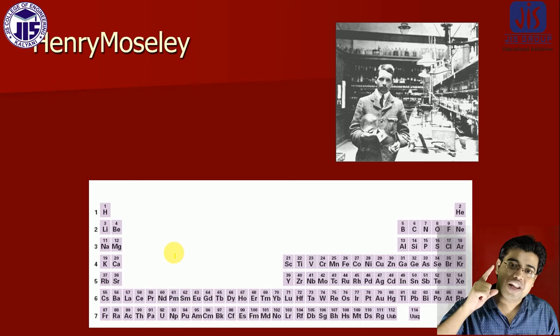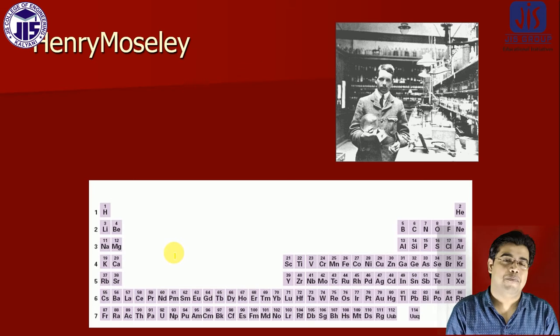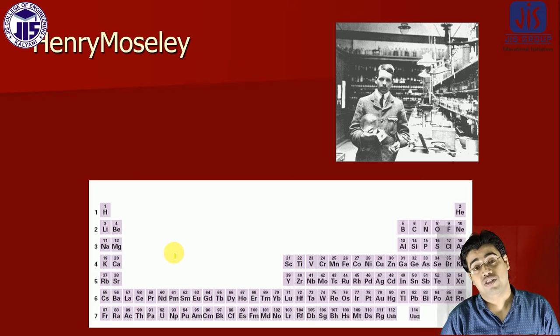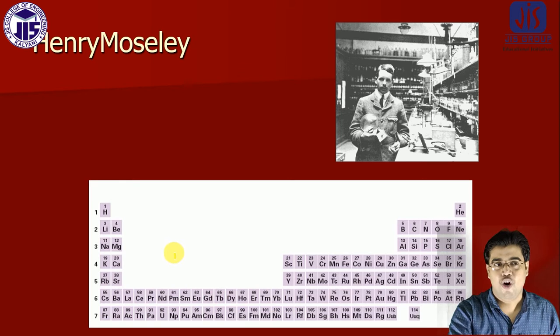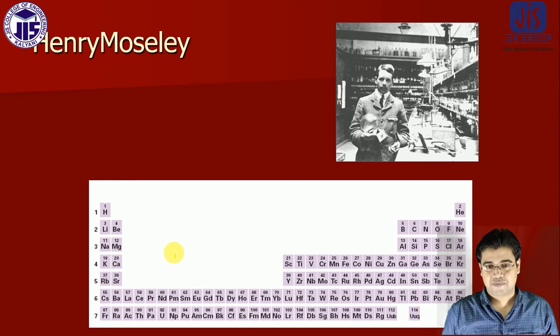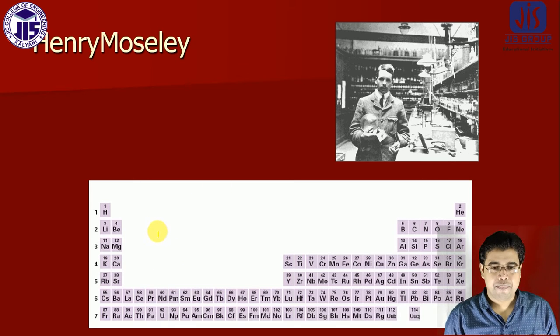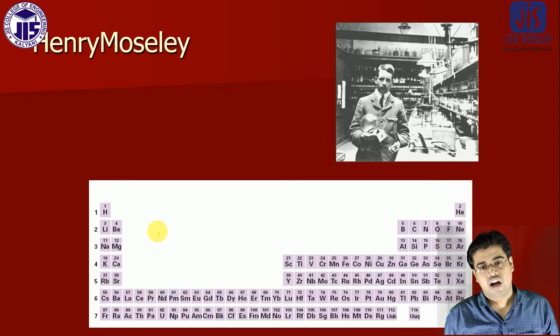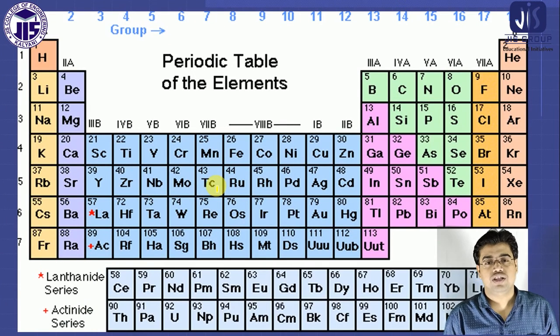But when Moseley came to the field, he established a different kind of periodic table which depended on the atomic number, not on the atomic mass. This is the Moseley periodic table, though it was modified further. This is almost the modern periodic table after modification.